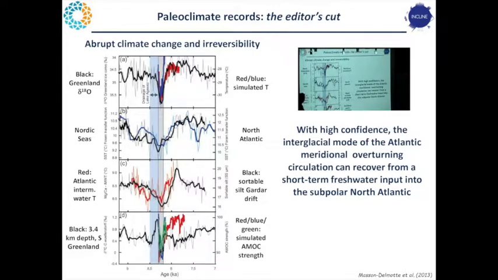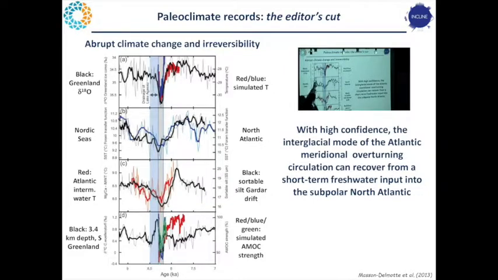There were major changes in the Atlantic intermediate water temperatures, decreasing significantly during this period. And there are beautiful records showing a major decrease in sea surface temperature based on planktonic foraminifera assemblages in the Nordic seas.